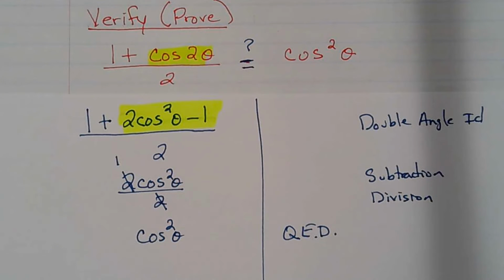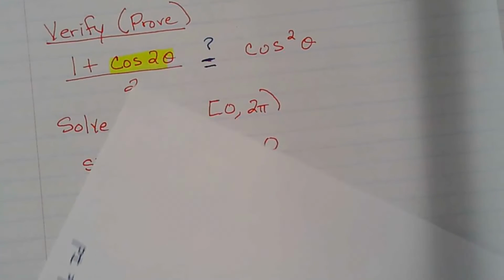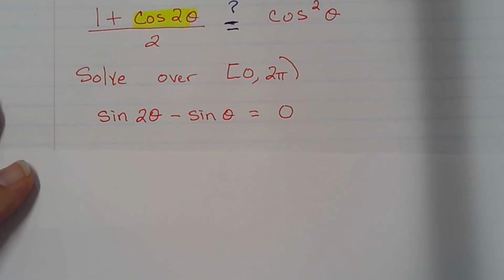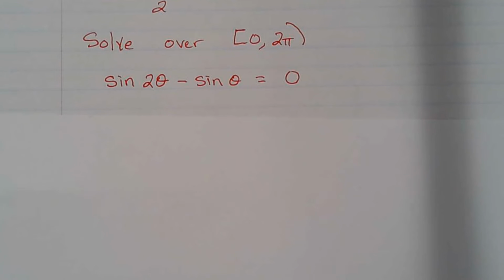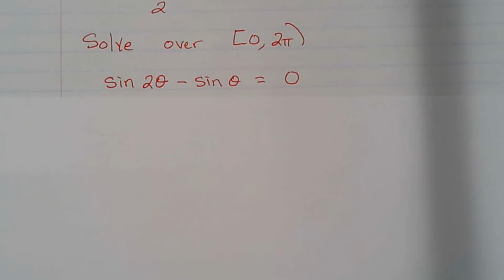All right, now let's take a double angle and solve an equation. So in these instructions, we are asked to solve over the interval 0 to 2 pi, and we are given sine of 2 theta minus sine of theta equals 0.